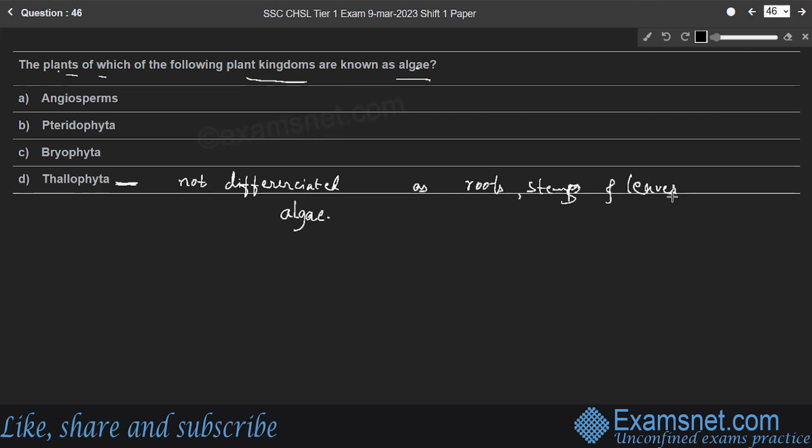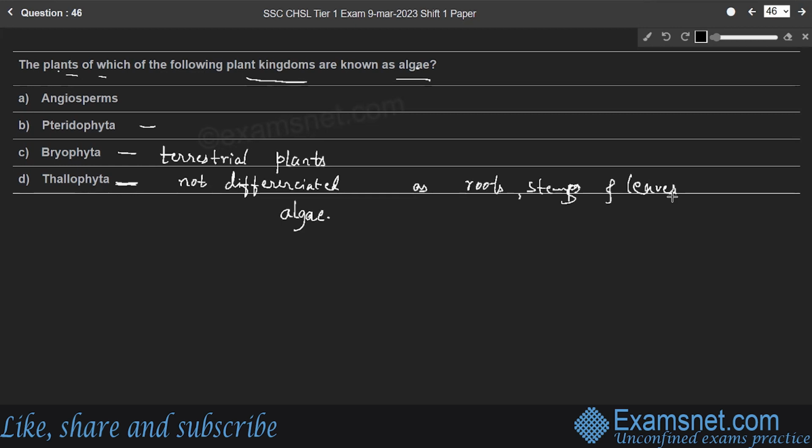Whereas Bryophyta, option C, these are small terrestrial plants. Whereas Pteridophyta means in which the plant body is differentiated into roots, stems, and leaves, apart from having a specialized tissue for conduction.